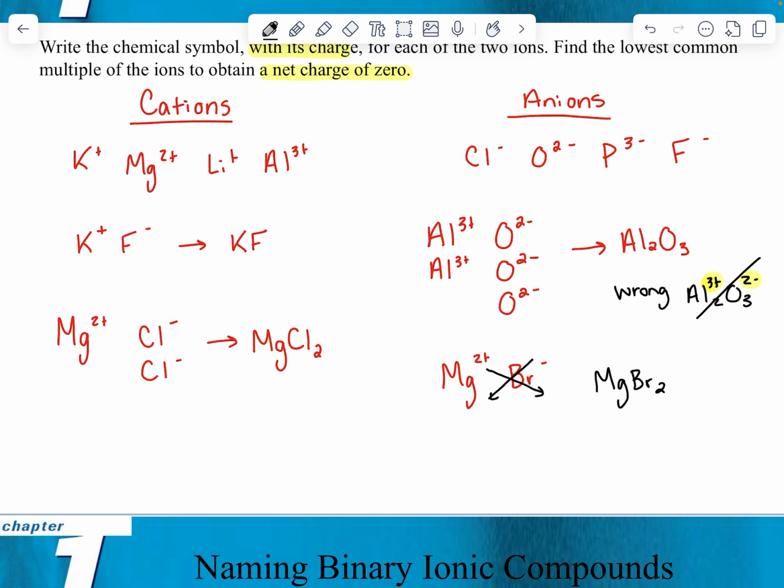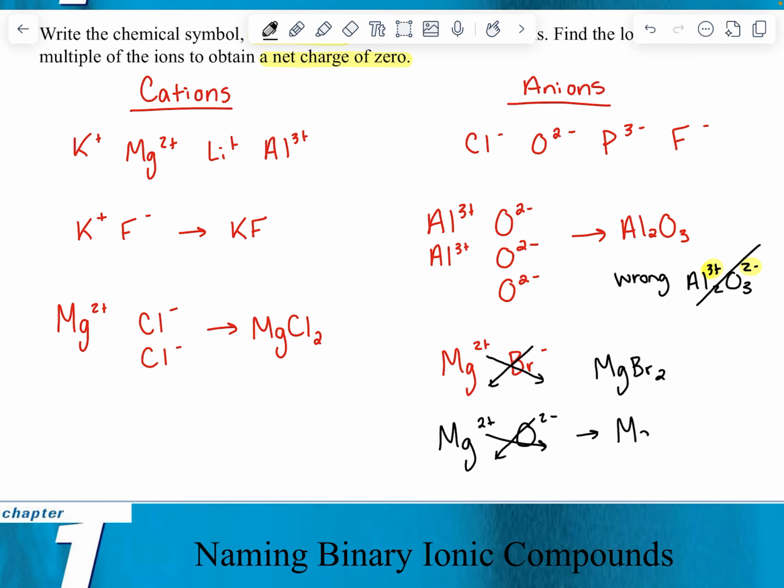There are some instances where that does not work though. So for example, with magnesium oxide, magnesium is a 2 plus, oxygen is a 2 negative, but those are already balanced. So if I brought down those 2's, and I wrote Mg2O2, that's not lowest terms.